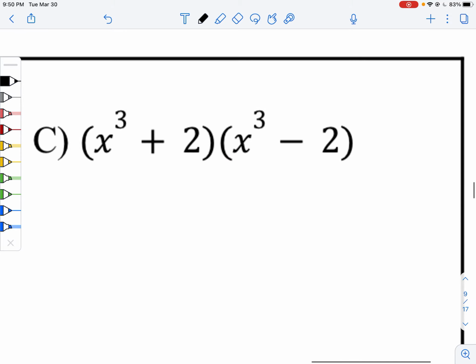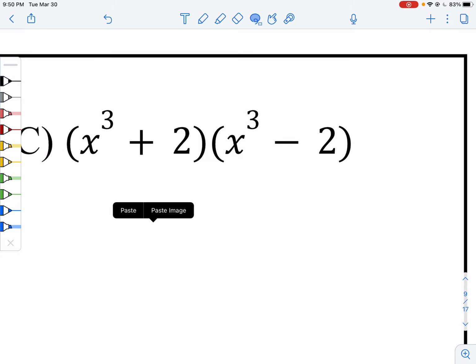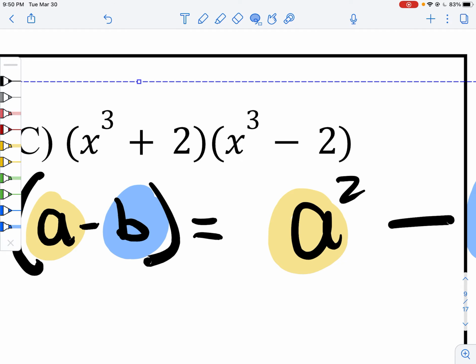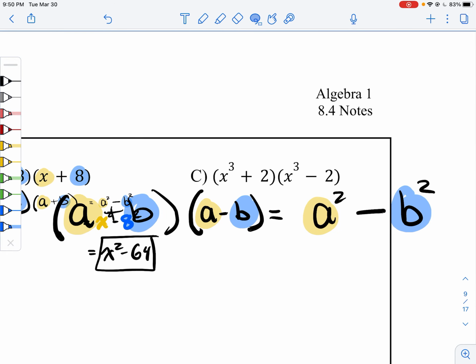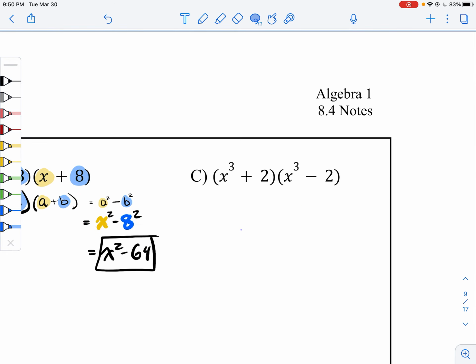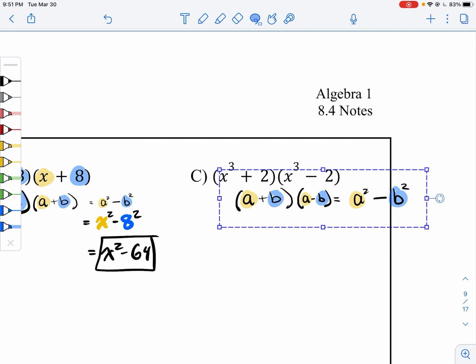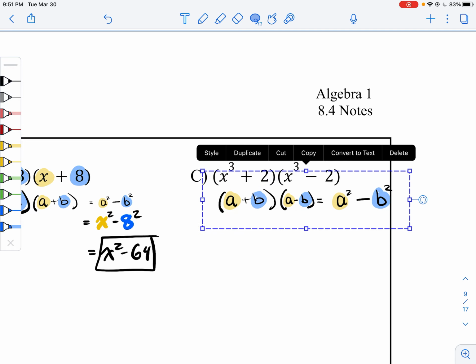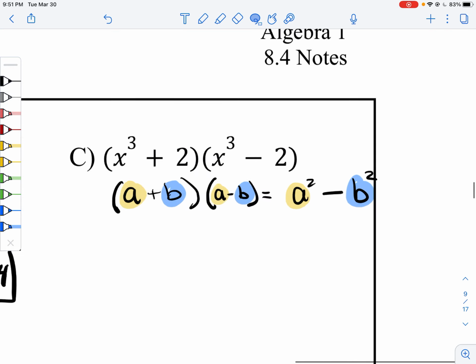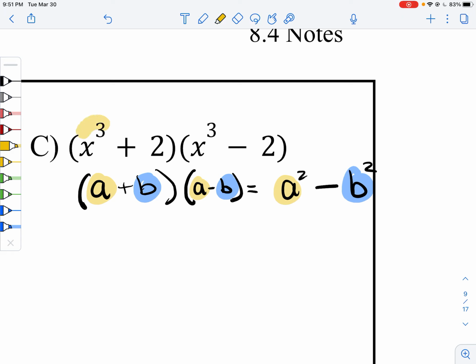Yay. Okay. This one. Hey, look. It still follows that same pattern, even though there are exponents involved. And that's okay, even if it goes off the page. Oh well. Here our A term is x cubed, and our B term is 2.